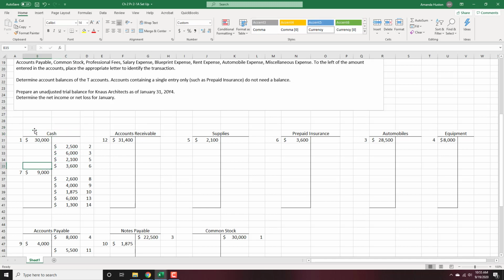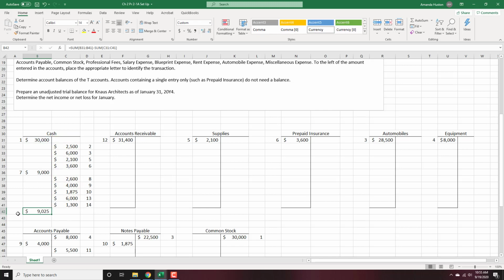So that means that what we're going to do to create a balance is we're going to add up everything in this column. Those are all the positives. And then I'm going to subtract everything in this column. Those are all the negatives to cash.